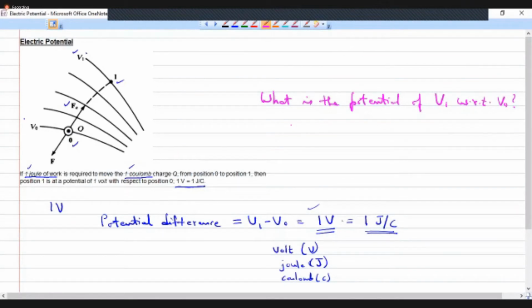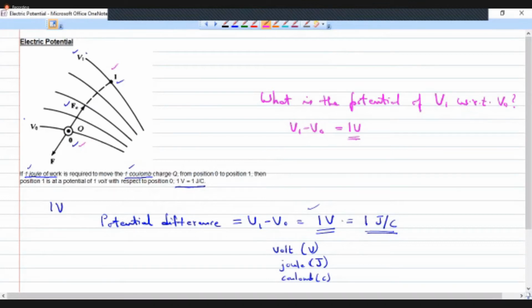It is nothing but V1 minus V0. Sir, V1 is at higher potential. Yes, V1 is at a higher potential because we are doing positive work here. So the potential of V1 with respect to V0 is equal to 1 volt, which is the same as the potential difference between point 1 and point 0, that is V1 minus V0 itself.